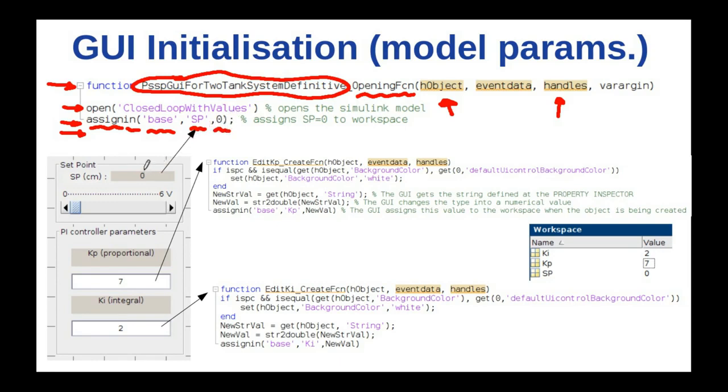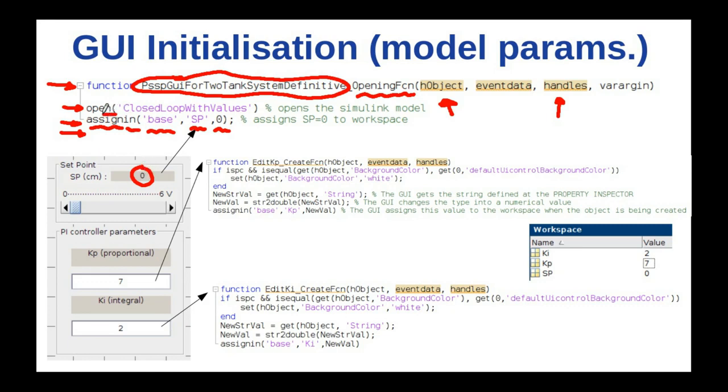Why? Because the user will see that this element is 0. But this element is 0 in here, in the text box, but it has no effect on any variable in the command window, in the workspace, or in the simulation model.